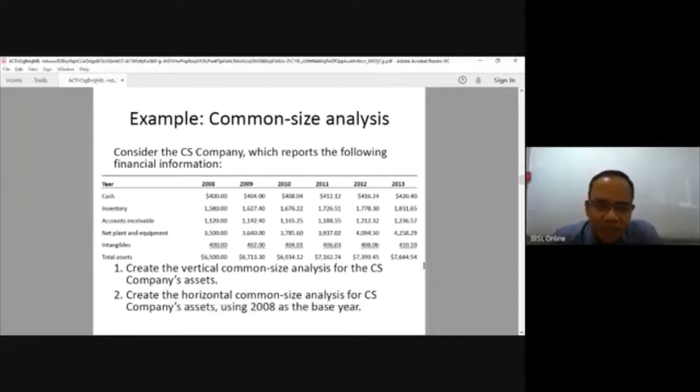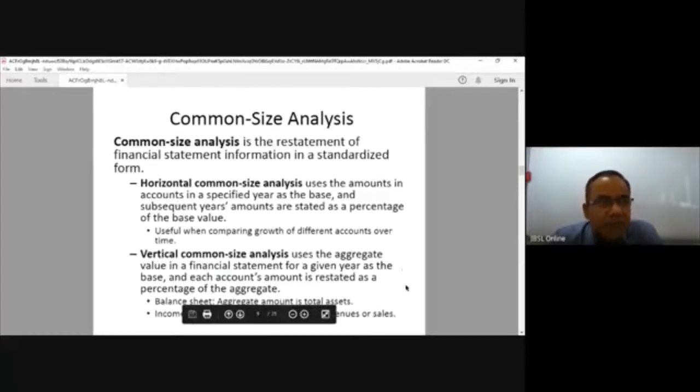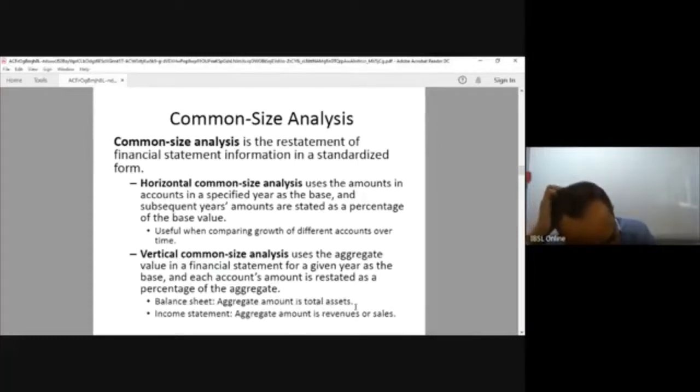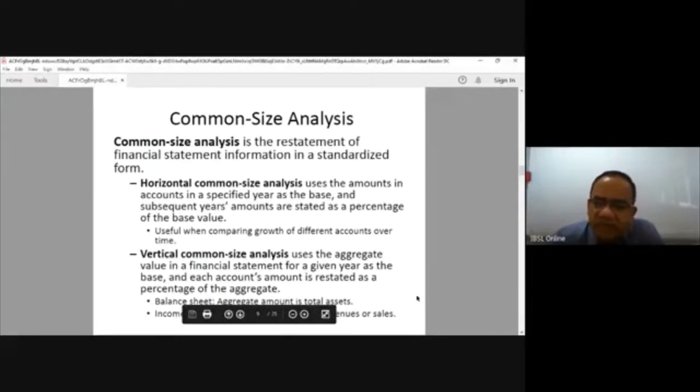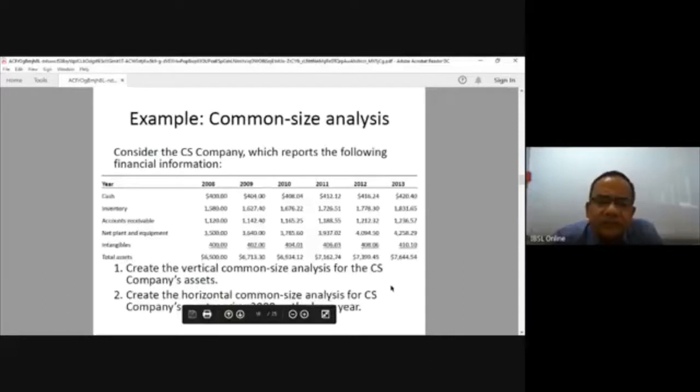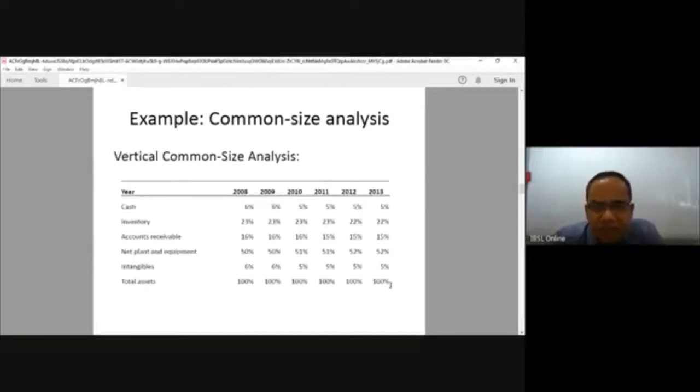You can do this for figures you are extracting from the profit and loss, figures you are extracting from the balance sheet. You can do it. Any questions here? This is a way of comparing the performance of the business. Right? Common size analysis, we call it.